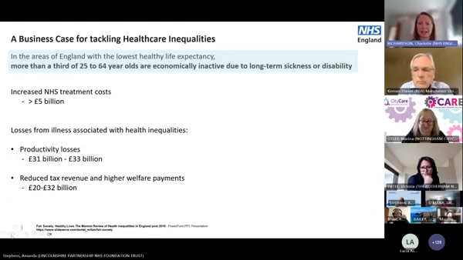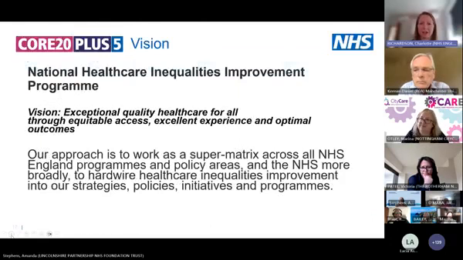So if you could go on to the next slide, that kind of sets the scene for the reason that after post-COVID, when the NHS was trying to restore services inclusively, NHS England set up the National Healthcare Inequalities Improvement Team with the vision below to tackle inequalities.